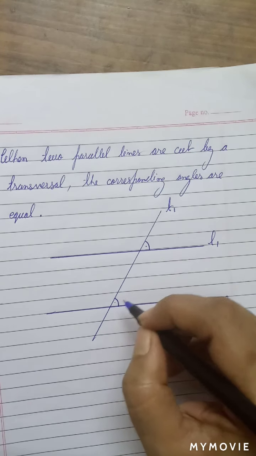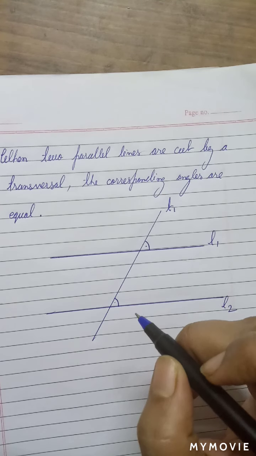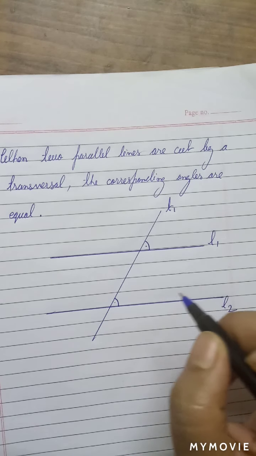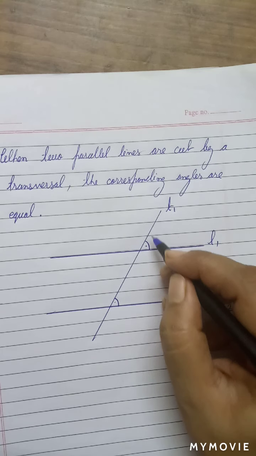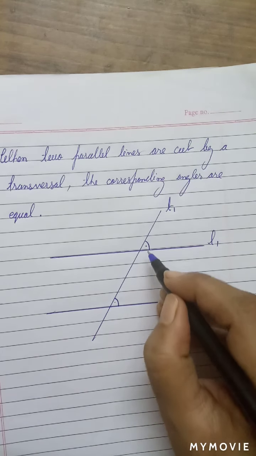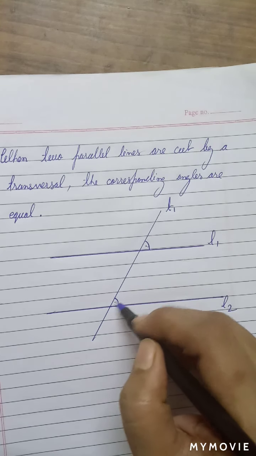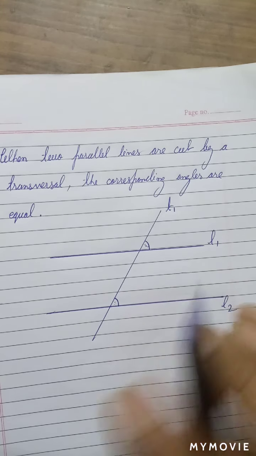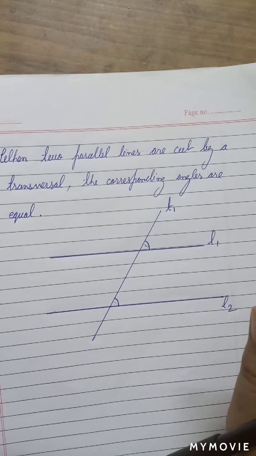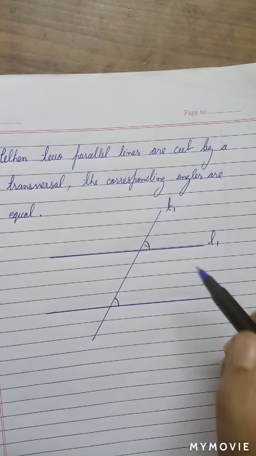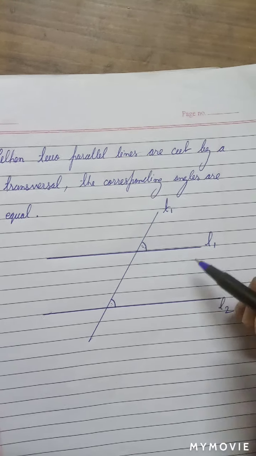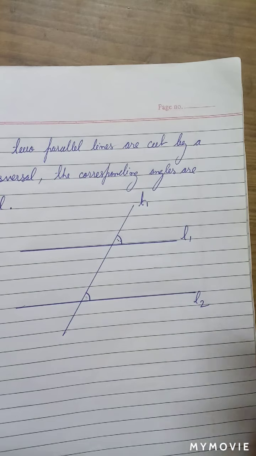And these two angles are called the corresponding angles. It may make any angle with this line or any angle with this line, but these two angles are always going to be equal. Otherwise, if they are not equal, these two lines L1 and L2 will not be parallel. You can draw it and check it for yourself.